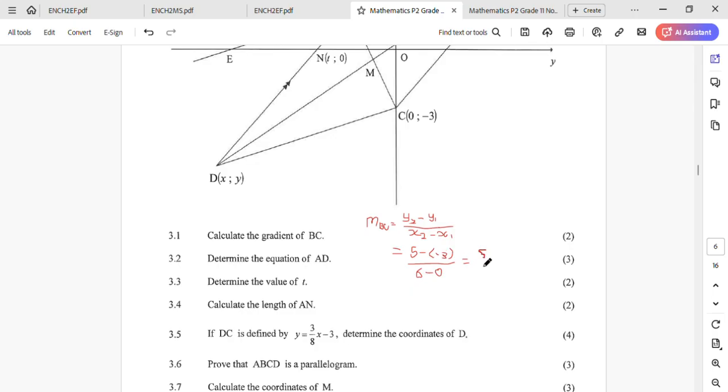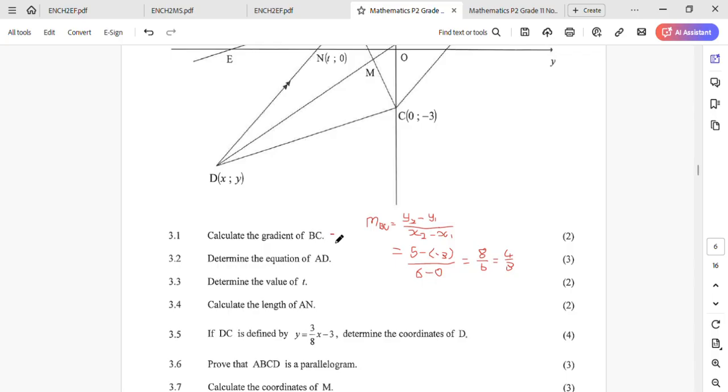We have 8 over 6, which is, how many times does 2 go into 8? 4 times. Into 6, 3 times, so the answer is 4 over 3. This is our answer for question 1.